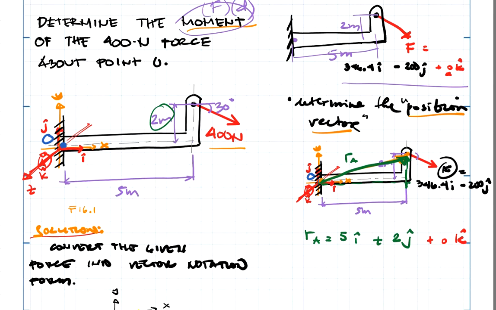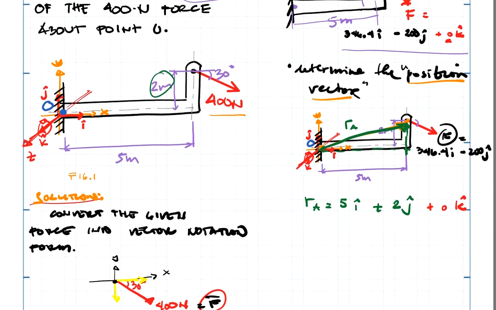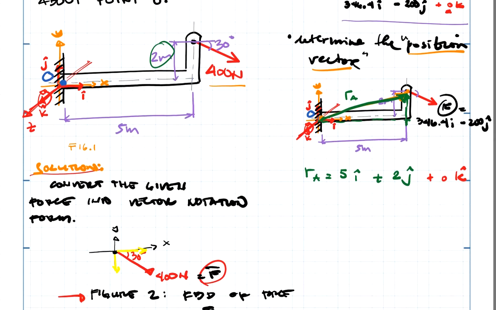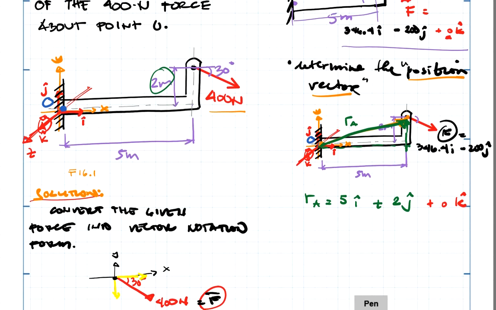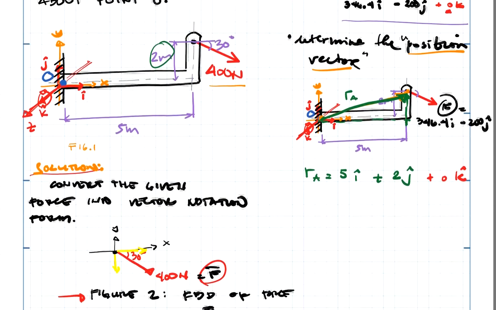All in all, we have this force and we have this position. Now the next thing that we need to do, since we already have the force and position in vector notation form, is to get the moment.